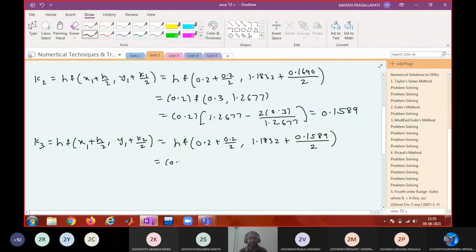So this is 0.2 into f of 0.3. I will simplify that value. 1.2627, sir.